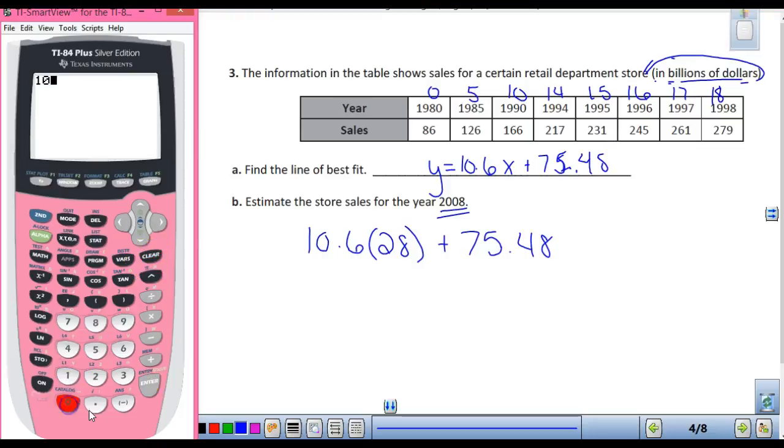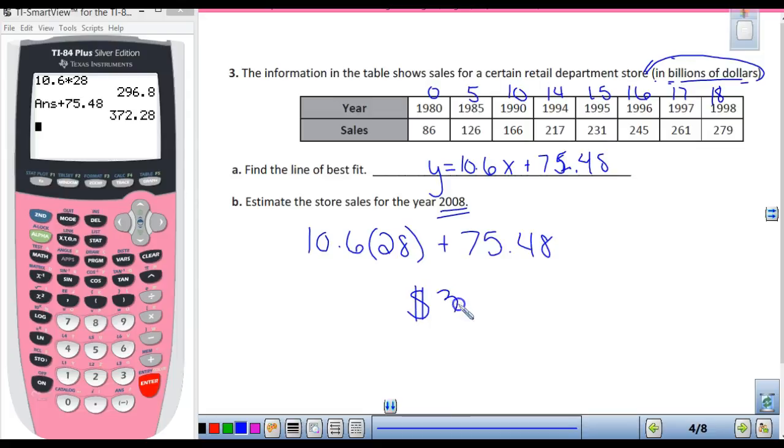Clear that out. 10.6 times 28 plus 75.48. Hit enter, and so in the year 2008, they're saying this company is worth about $372.28 billion. Pretty sweet, huh?